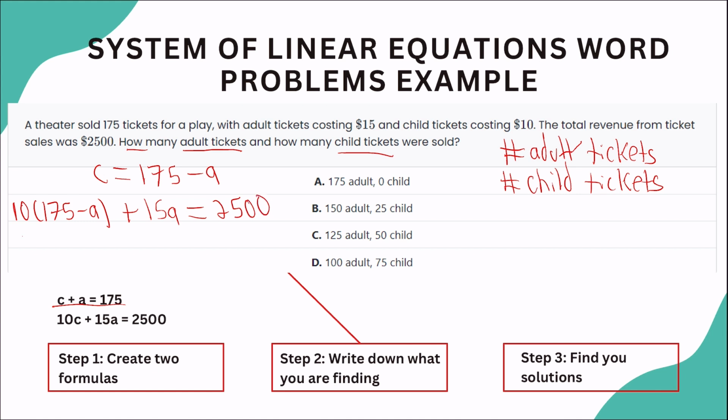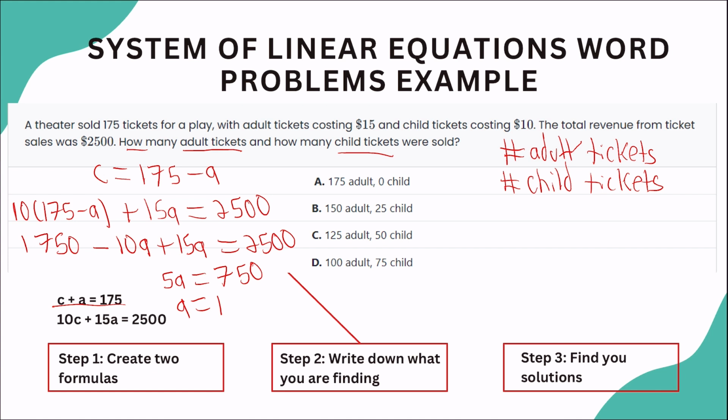Okay, now let's expand that a little bit. Now I'm going to subtract 1750 from both sides, and I'm going to combine these like terms to get 5a equals 750. And then I'm going to find our answer of a equals 150 by dividing by 5 on both sides.